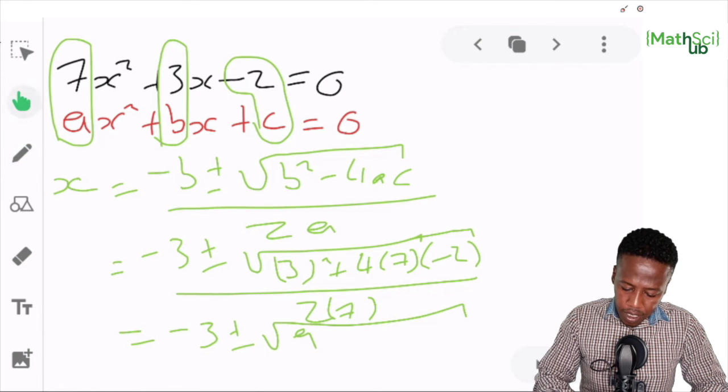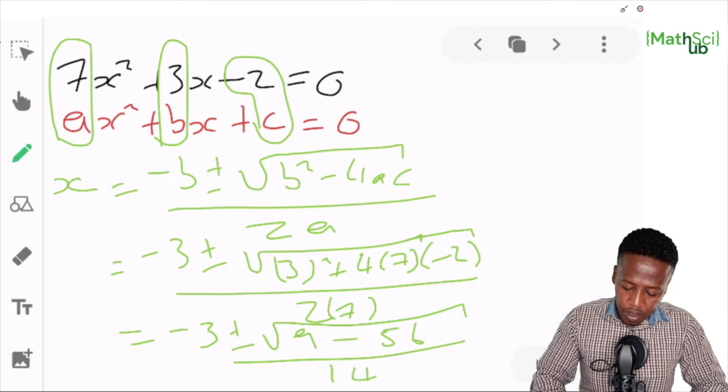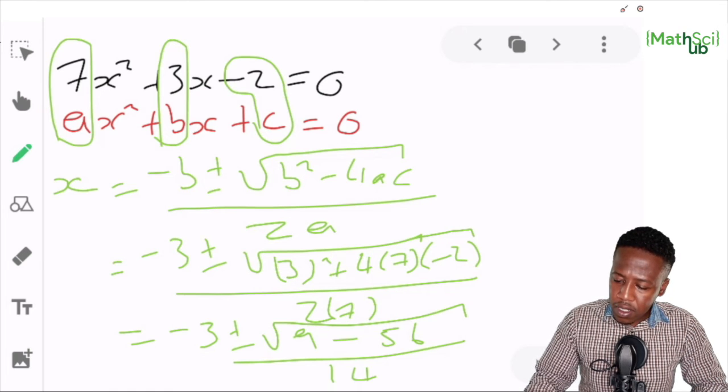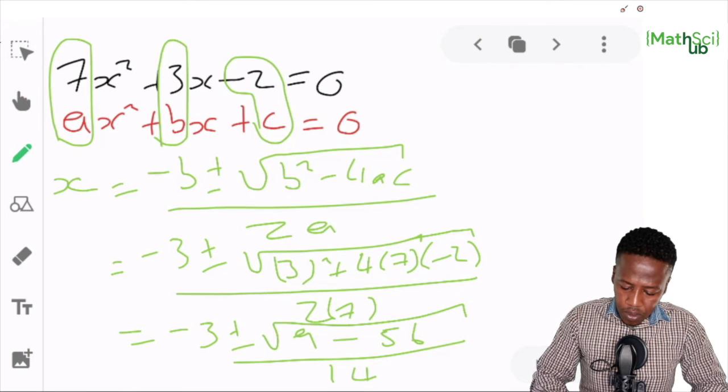Remember this minus sign here, don't forget this minus sign here, meaning it will be minus 56 all over 14. 2 times 7, right? 56 minus 7, 49. So it's minus 3 plus or minus the square root of 49 all over 14.